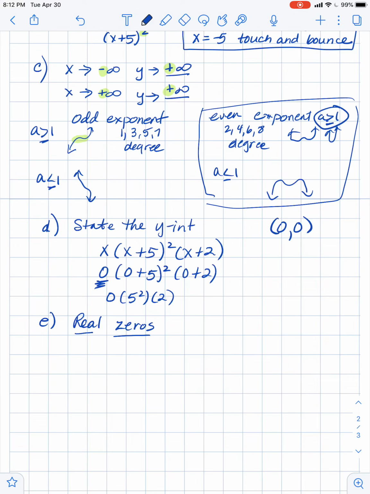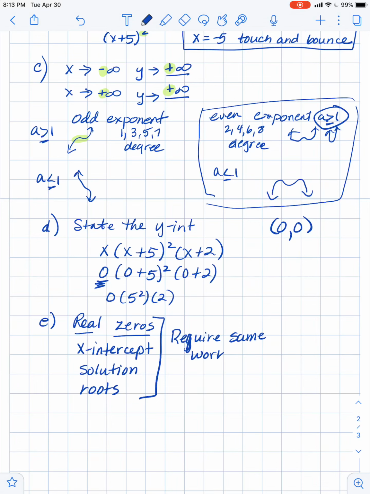So real zeros are basically the same thing as our x-intercepts. They're the same thing as our solutions, and they're the same thing as our, I just lost my train of thought, roots. All of those mean the same thing. So they require the same work. Now, technically, the only thing different would be how you write your answer.